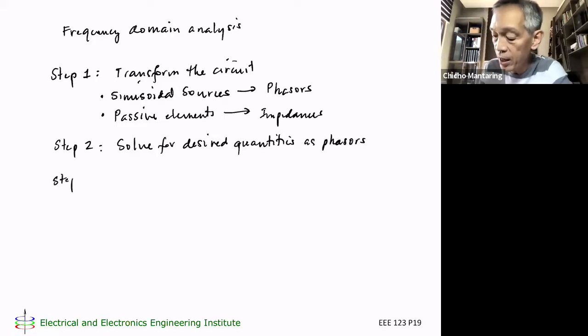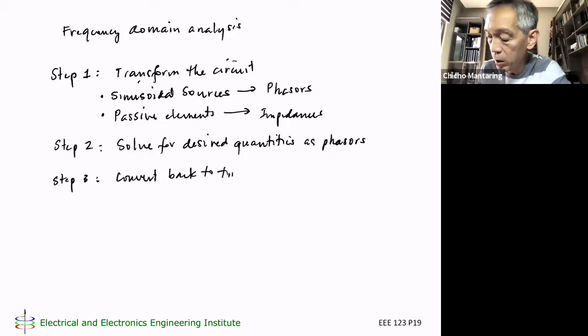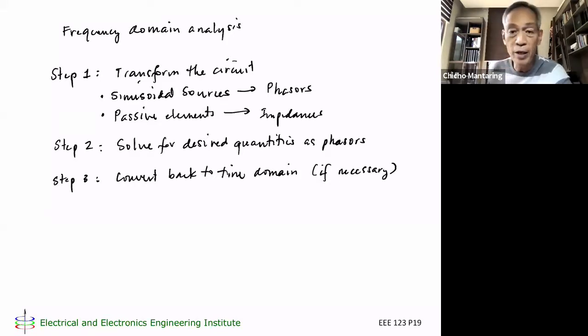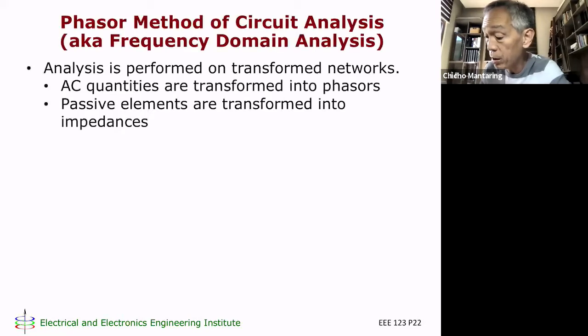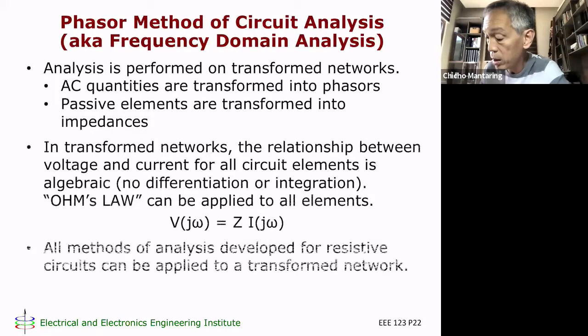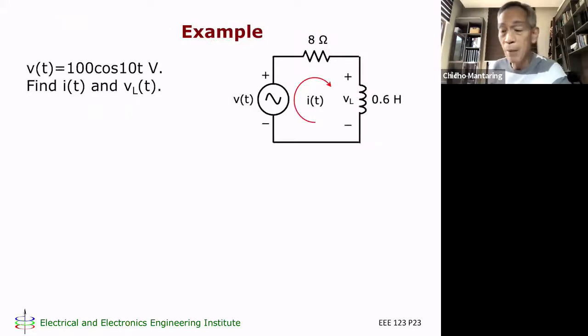And then step three, you convert back to the time domain, if necessary. Because later on, I'm going to tell you that sometimes it's not even necessary to convert back to the time domain. So these are the steps. And then I gave an example. Here, you remember this example?